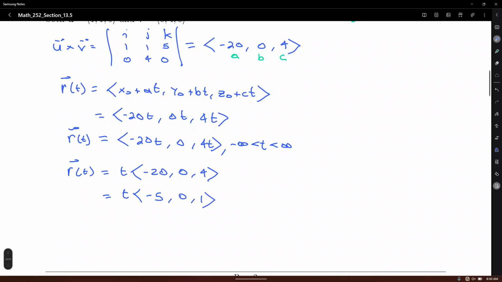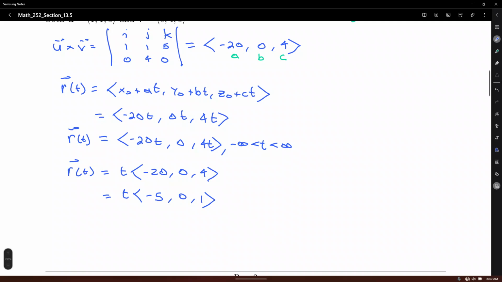I know the components look different, right? However, it doesn't matter if you write it in the smallest integers possible or in large integers. Because essentially we're factoring in a constant multiple, but the direction of the line doesn't change. All right, that just makes the direction vector twice as long or half as long.